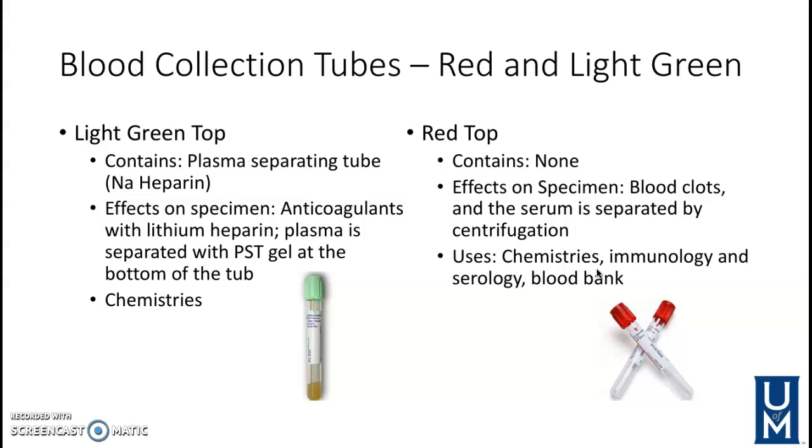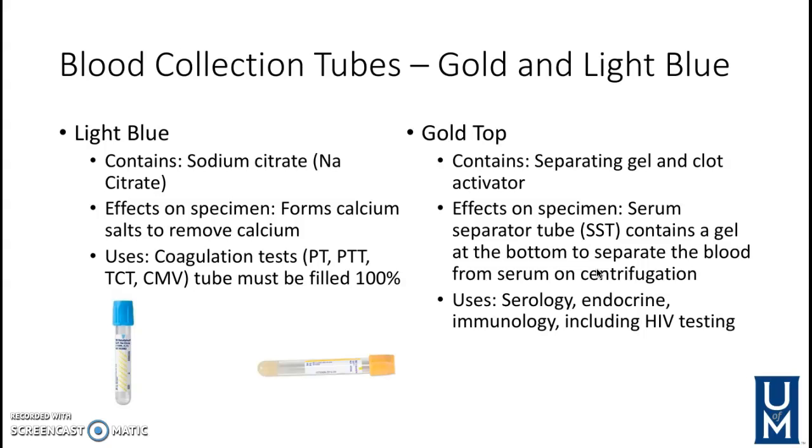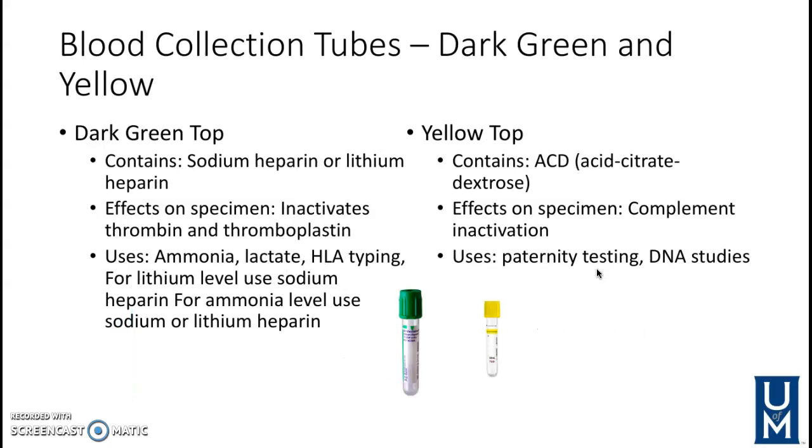I don't need you to memorize all of that. You'll have a reference when you're working. You will also become very knowledgeable of which tubes do what and what color you need to grab for which tests. But for now, I really want you to just focus on the order in which we draw them. So here again, just moving through those blood tubes, those vacuum tubes, and what they include and what their uses are.